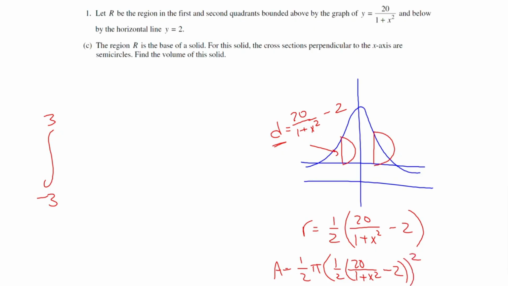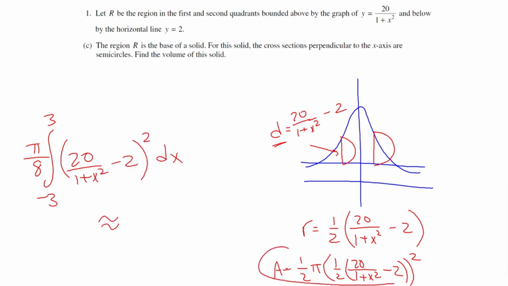So we're going to have a constant of pi out in front over the 1/2 and the 1/2 squared, so pi over 8 out in front. And then on the inside, 20 over 1 plus x squared minus 2 still being squared. Of course, if you just put this in as your integrand, that's fine, but I like to pull the constant out to the front.